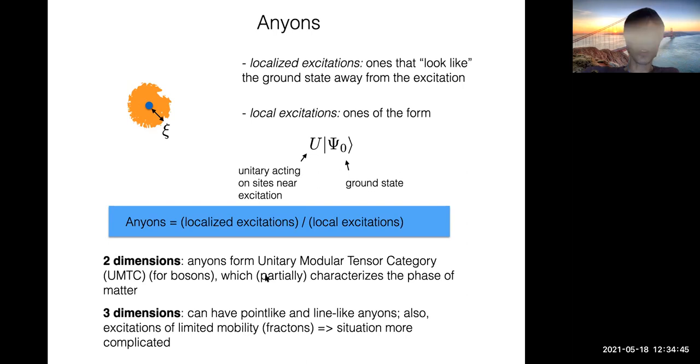They can only move along certain directions in these lattice spaces. These are called fractons, but I'm not going to talk about that at all. I just wanted to mention that the situation in 3 dimensions is a lot more complicated. This is a current area of active research, and I don't think the right framework has been developed for completely understanding fractons and things like this. So I'll mostly focus on 2 dimensions, at least in the context of intrinsic topological orders, just because it's the easiest thing to deal with.